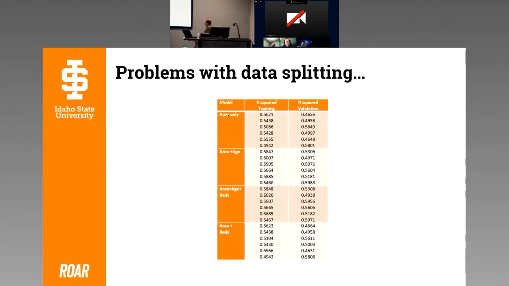So as time has gone on, I used to consider data splitting the gold standard, and leave one out cross validation and AIC as approximations to data splitting. As time goes on, I'm moving away from the idea that data splitting is the gold standard, and toward the idea that leave one out cross validation and AIC are actually less work and more reliable.